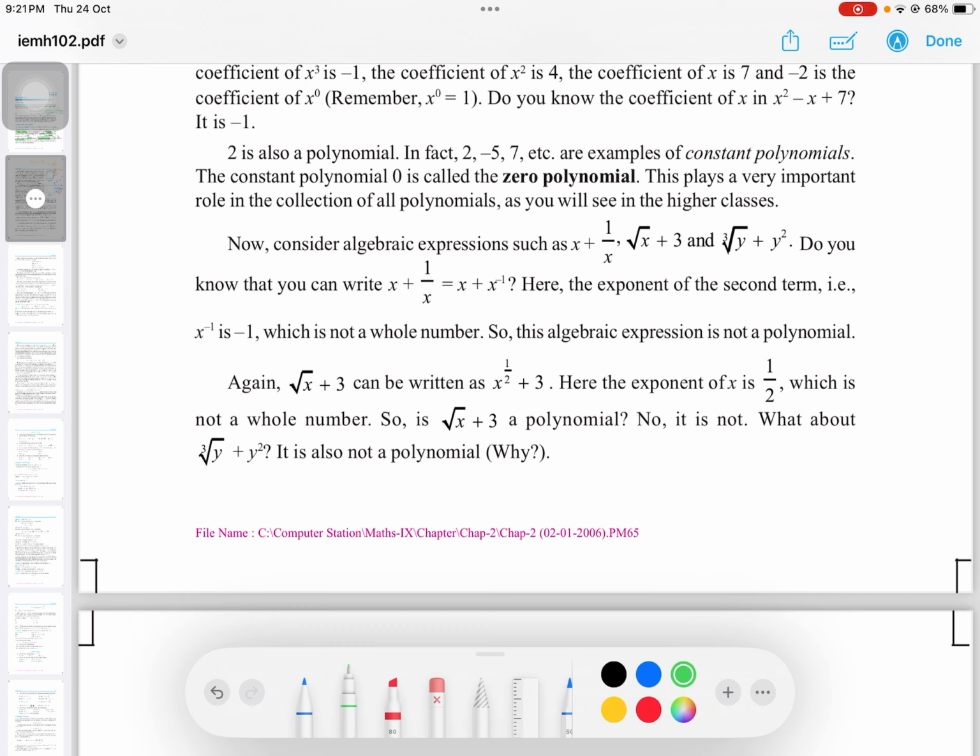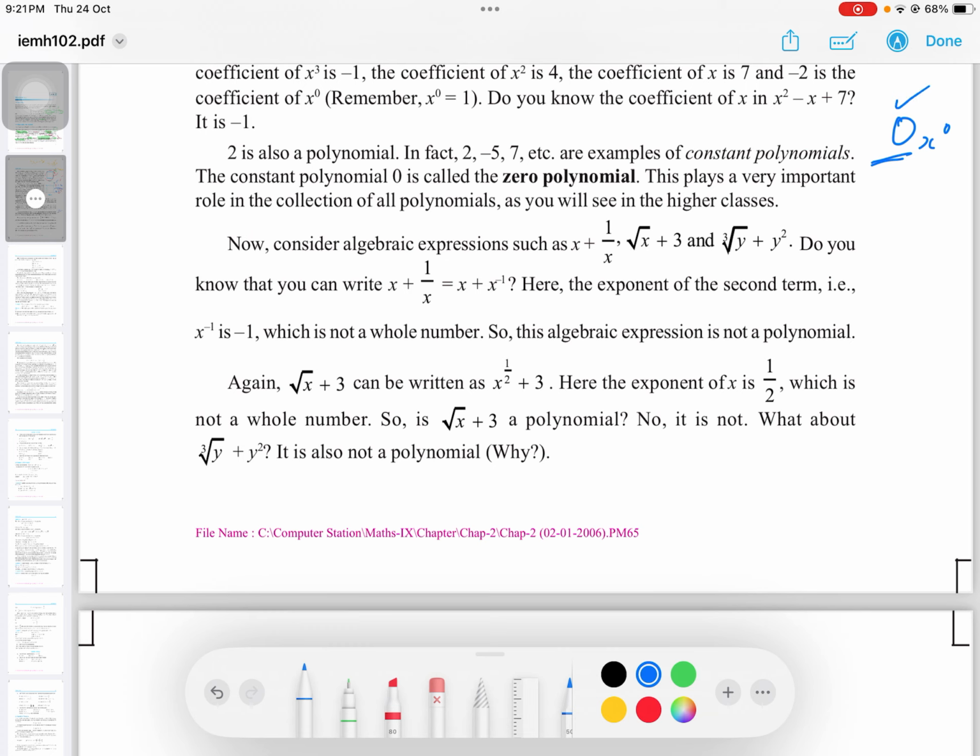So for those of you who have understood constant polynomials, now there is a special case in constant polynomials. Now 0 is a whole number. It is a constant number also. Now is this a polynomial? Yes, we can represent it like this. So what is a polynomial?